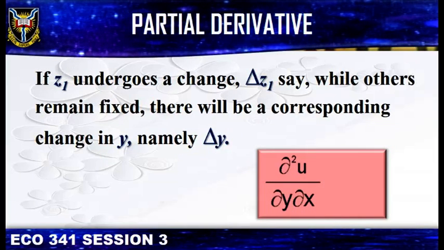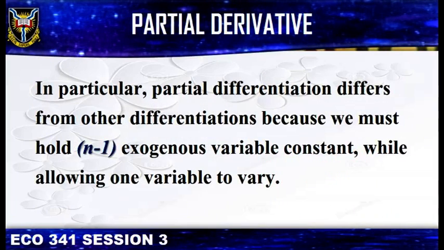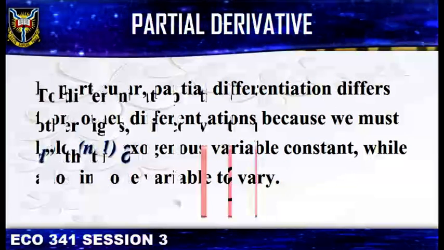If z1 undergoes a change, delta z1, say, while others remain fixed, there will be a corresponding change in y, namely delta y. Thus, the process of examining a change in y with respect to a change in z1, holding other variables constant, is called partial differentiation. In particular, partial differentiation differs from other differentiations because we must hold n minus 1 exogenous variables constant while allowing one variable to vary.